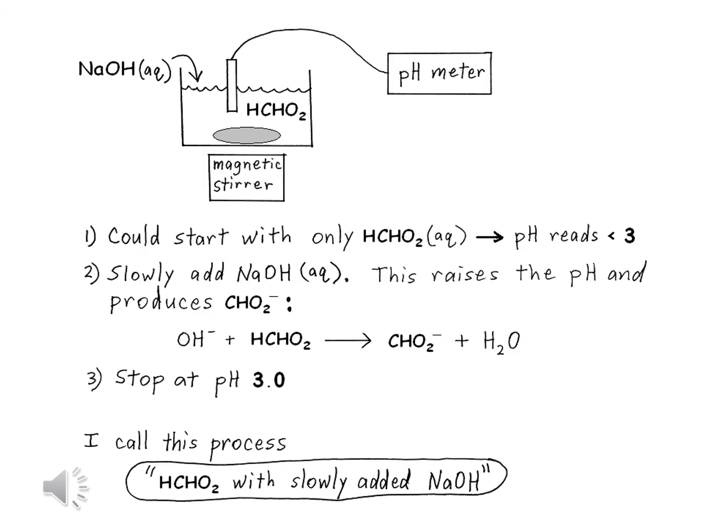The other way to do it is to start with the pure acid, and then you can add sodium hydroxide to make the pH go up, because the pH is going to be less than 3 to start with because you didn't add the base part yet. The OH pulls an H off the acid and gives you the base part of the buffer, and when you get to 3, the ratio is perfect. So you would call this HCHO2 with slowly added NaOH.